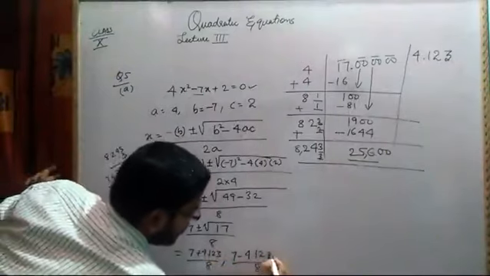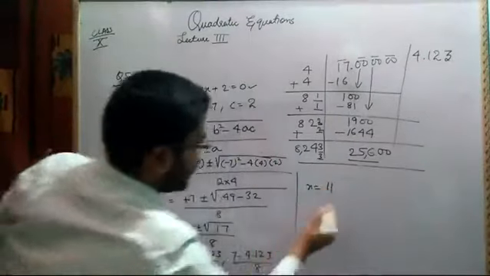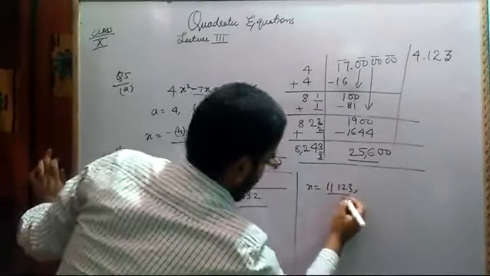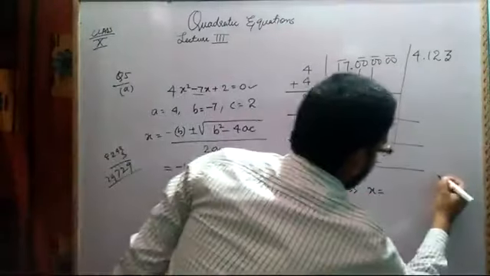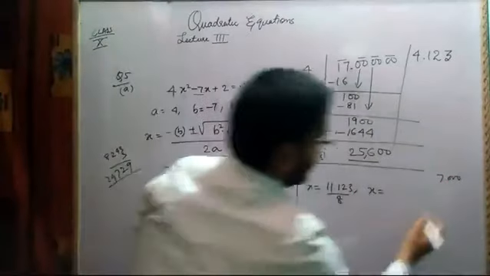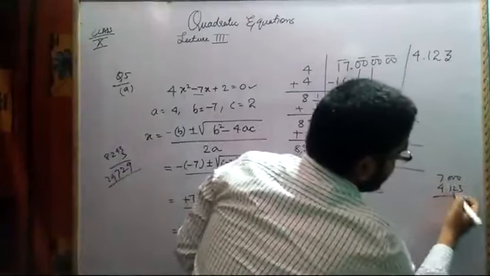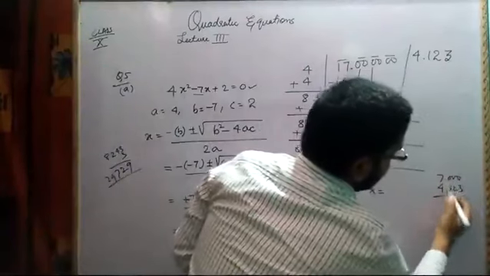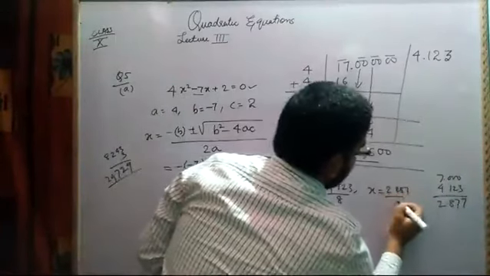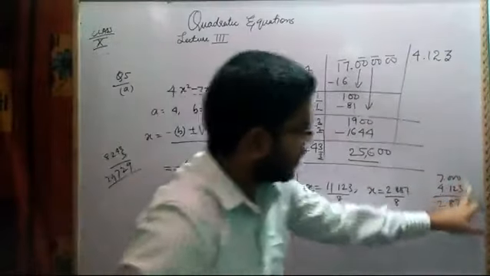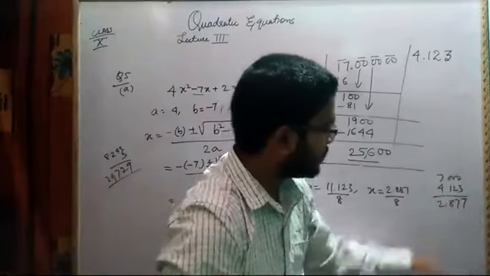Now addition will be 7 plus 4, 11. x is equal to 11.123 divided by 8, and then x will be equal to 7 minus 4.123. Subtracting: 10 minus 3, 7, 9 minus 2, 7, 9 minus 1, 8, and 6 minus 4, 2. So 2.877 divided by 8.